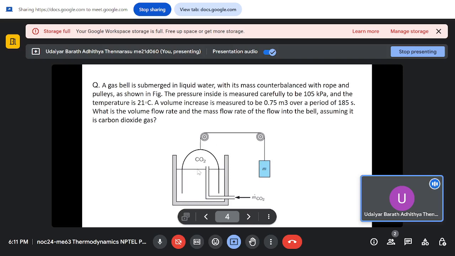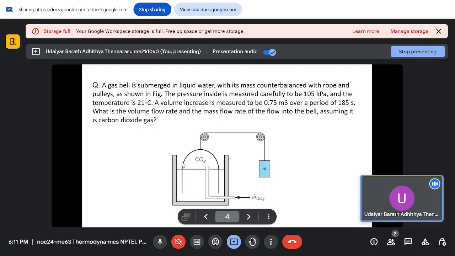The pressure inside is measured carefully to be 105 kilopascal, and the temperature is 21 degrees Celsius. A volume increase is measured to be 0.75 meter cube over a period of 185 seconds. What is the volume flow rate and the mass flow rate of the flow into the bell, assuming it is carbon dioxide gas?